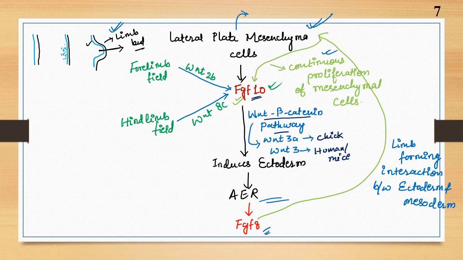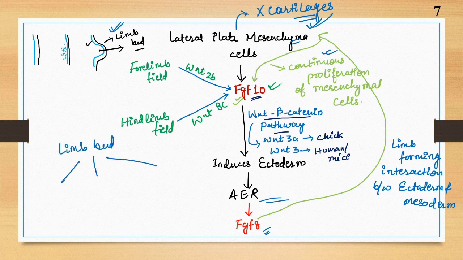The second one is that it does not allow the mesenchyme cells to form cartilages. Okay, so as the plasticity of this mesenchyme cell is maintained, it does not form cartilage cells, and it keeps on continuous proliferation to form the limb. Now the limb bud is formed.